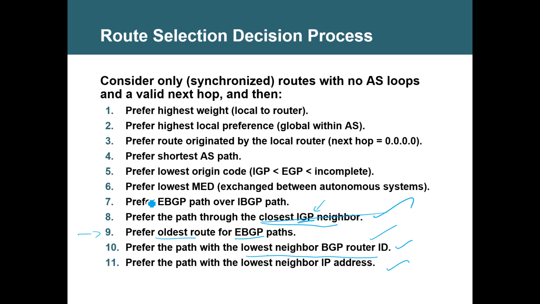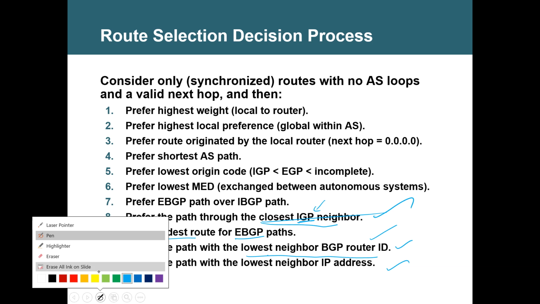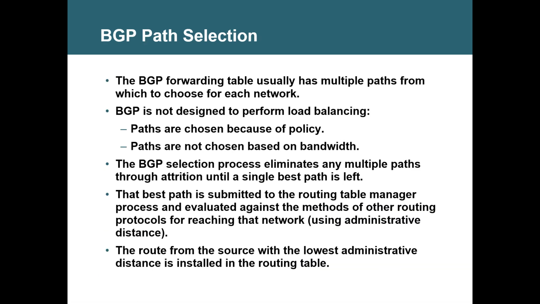See how BGP picks that one path by eliminating multiple paths. It is only based on the policy, based on the attributes that you configure, not based on any other metric.